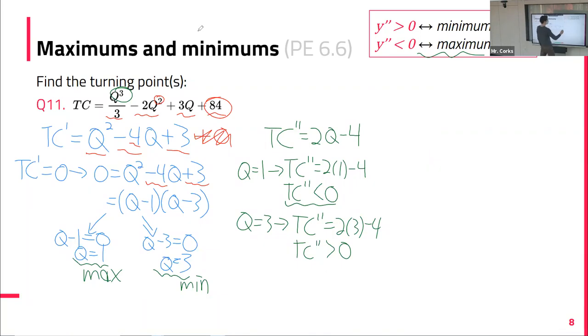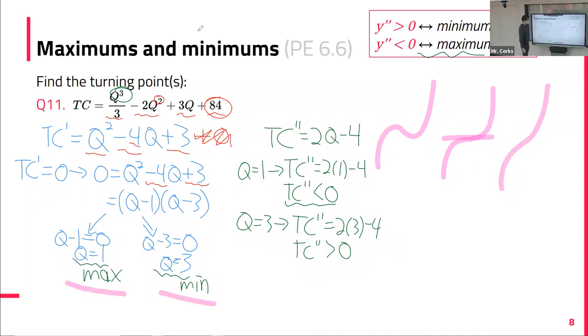This is positive, so this shape, or it could be hitting perfectly flat here for a moment, or it could just kind of have this pattern. So one of these three things, but we've discovered we have two of these turning points here, so it must be the first one. We have a maximum point, a minimum point, and then the graph keeps going. Okay, so that's the process.